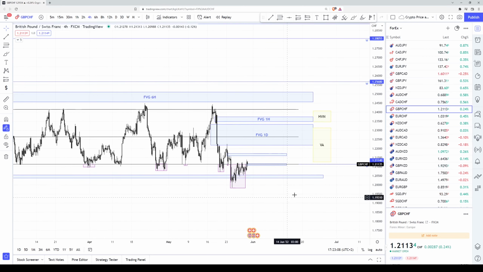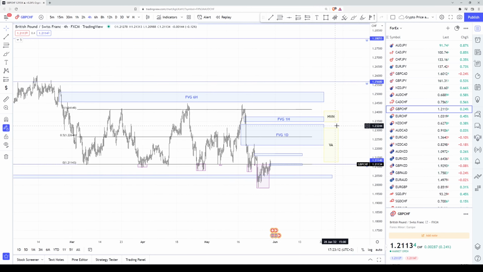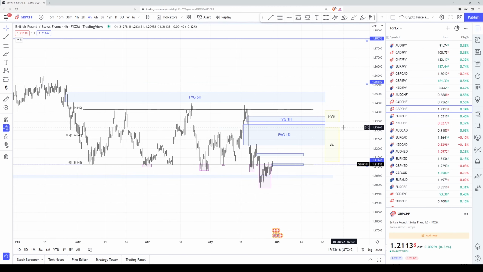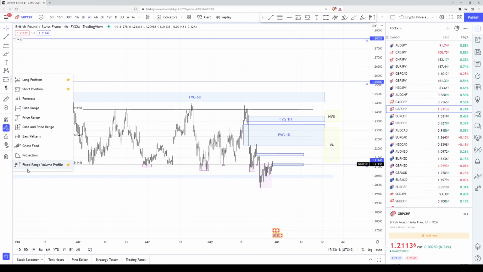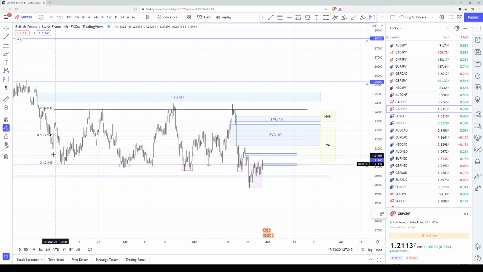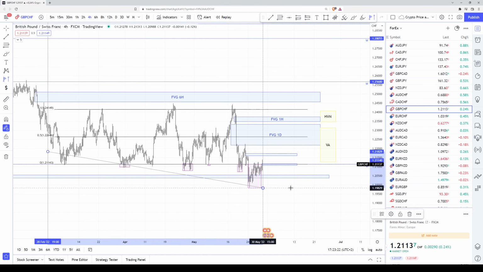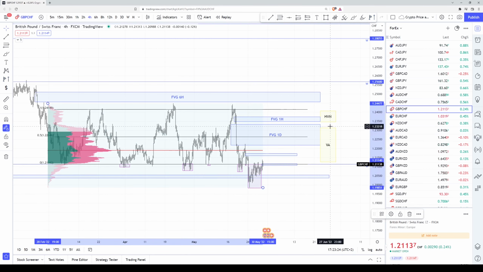If that's the case as well, then if we look at the value area, we see that at these levels, this is where the value area high is. Let me just check where the point of control for this range is. Alright, value area high is still as it is.